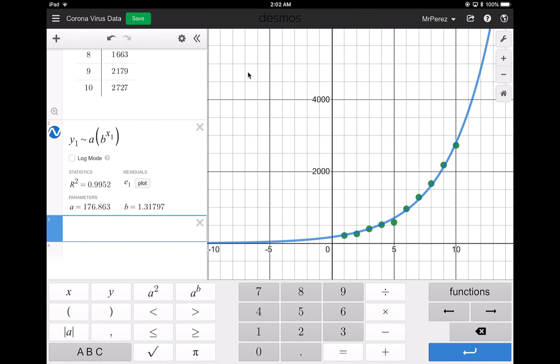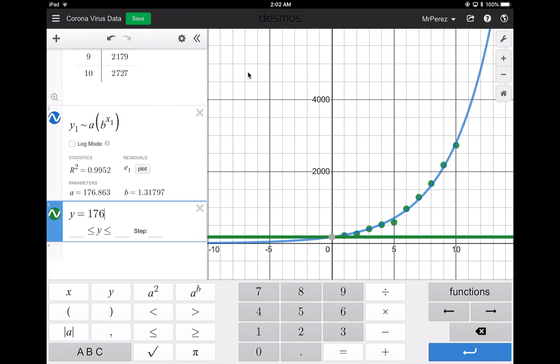So that means the function will be y is equal to, so I see that a is 117.9. I'm going to stop there, but if you want to write down all the digits, that's fine. I'm going to round it to the nearest tenth.